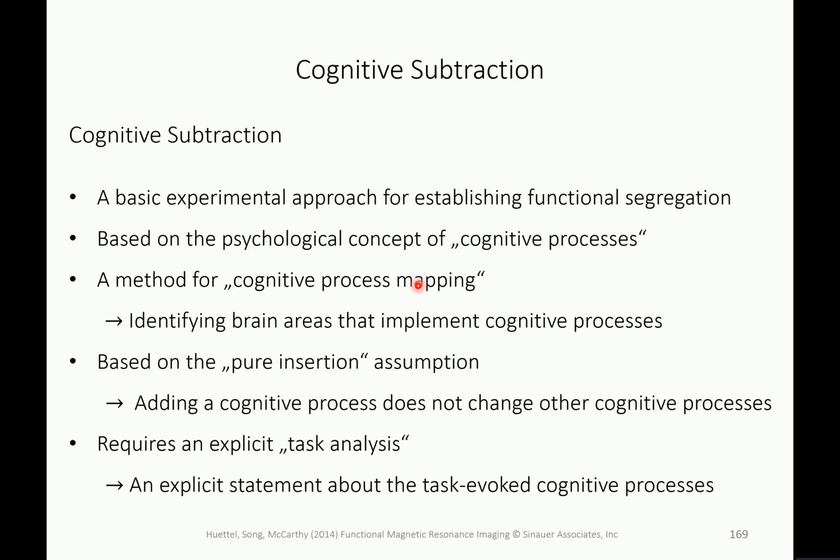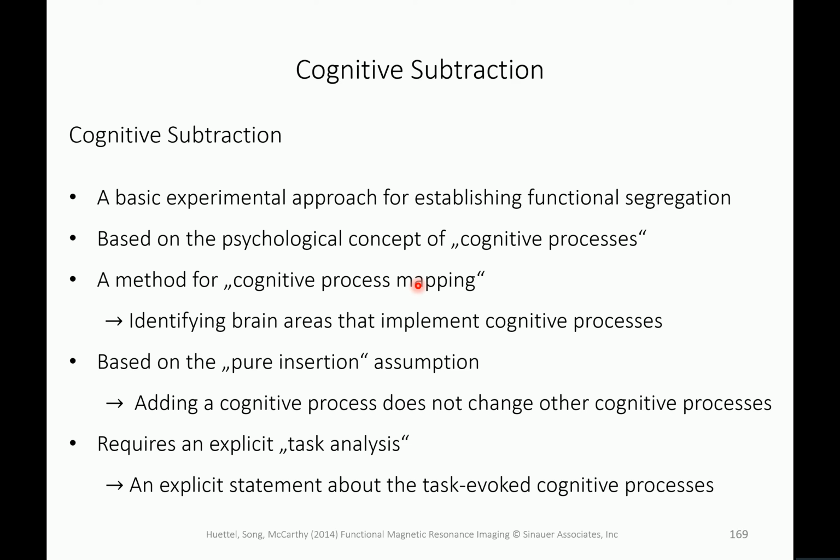So if you design a cognitive task for participants to perform, then if you want to do a cognitive subtraction approach using, for example, GLM analysis of MRI data, or ERP analysis of EEG data, or frequency analysis of EEG data, or whatever, you can only do that properly if you do a task analysis and explicitly state what the cognitive processes are that you think are involved.